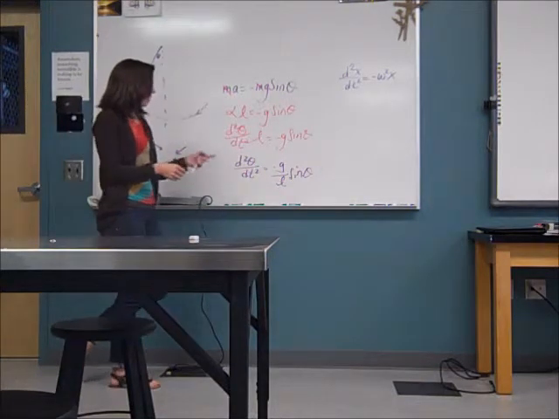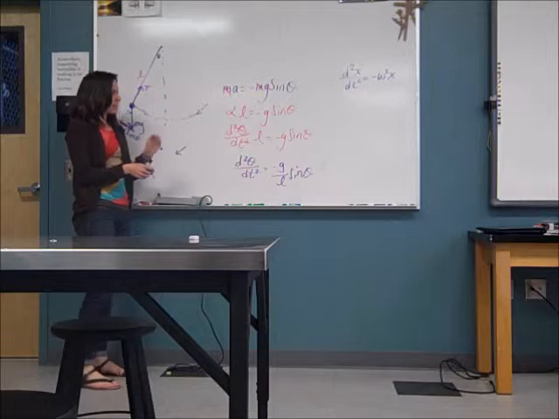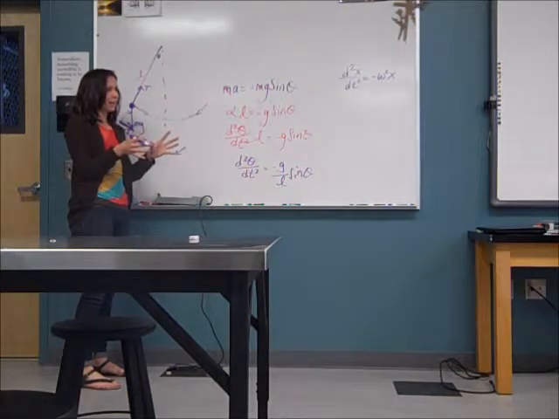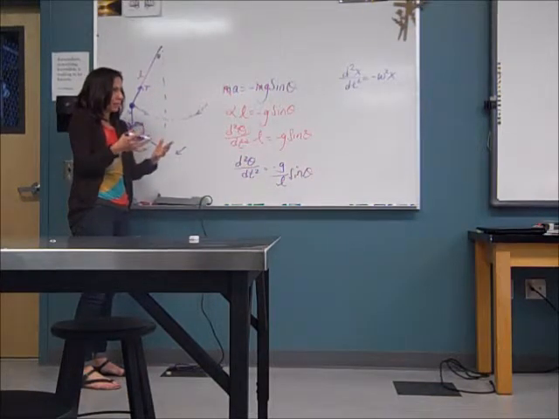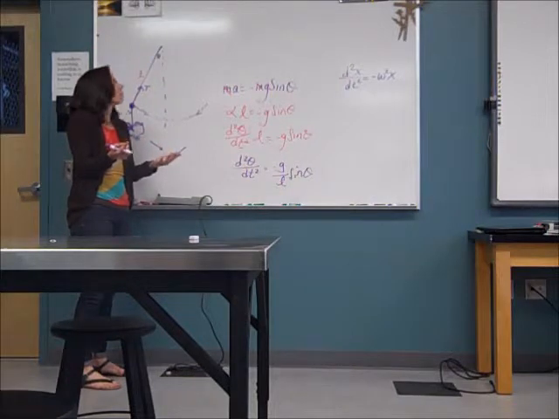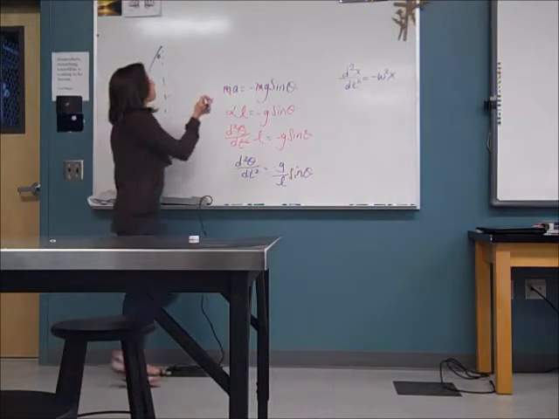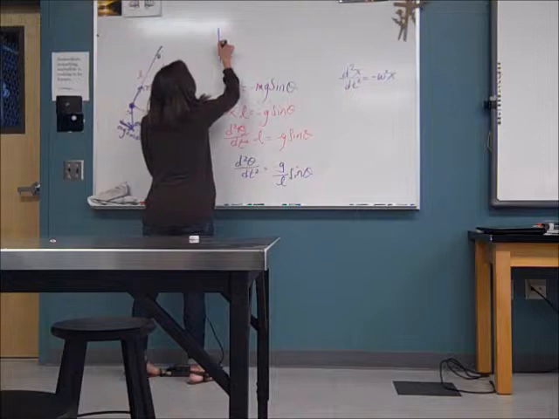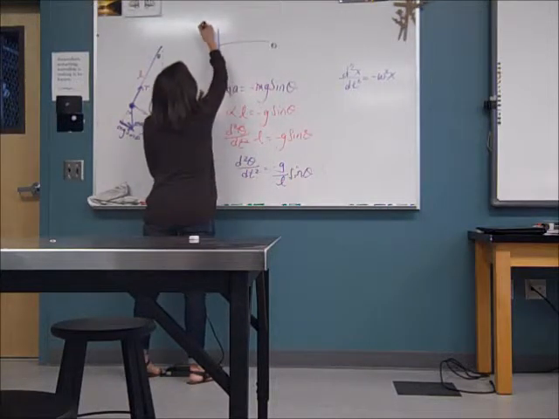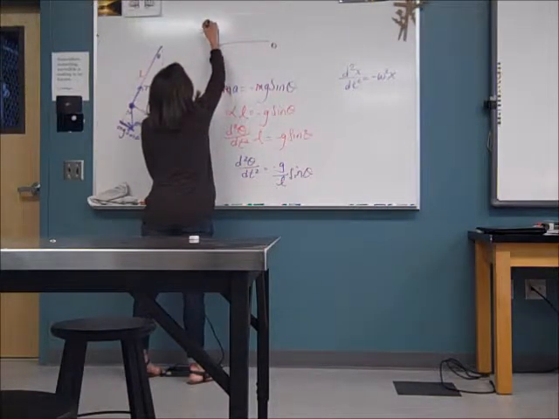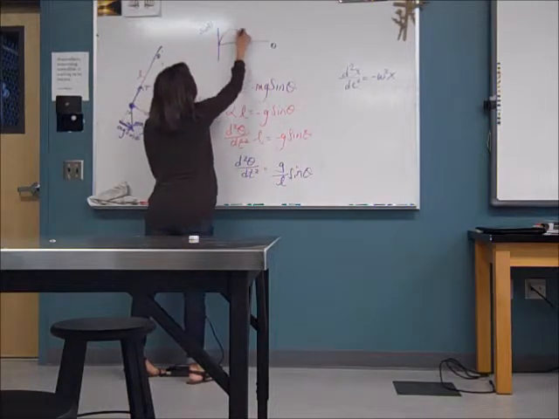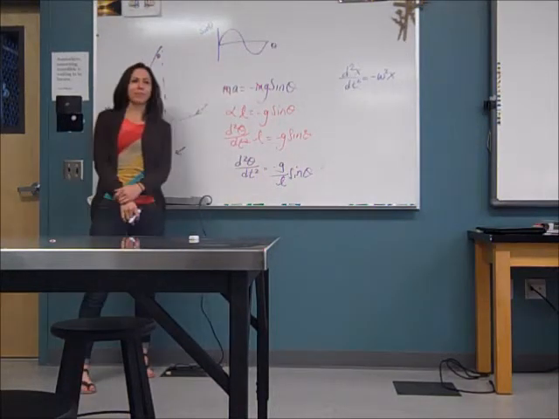The small angle approximation says that you can approximate the sine of theta to be something else when the angle is small enough. And it comes from the graph of sine of theta. If I graph theta versus sine of theta, it looks like this. Agreed?